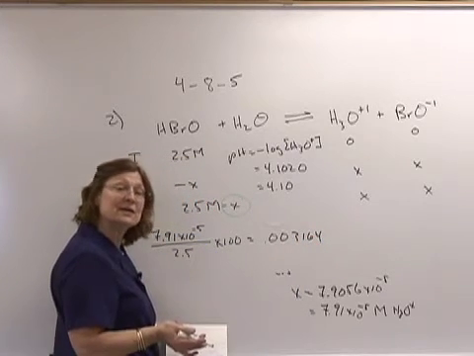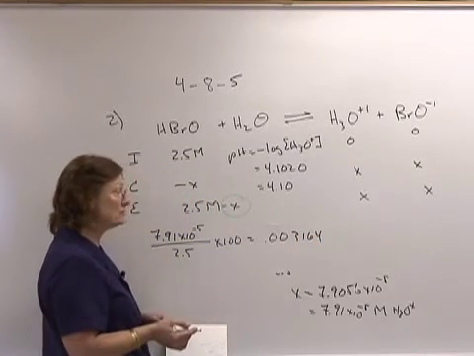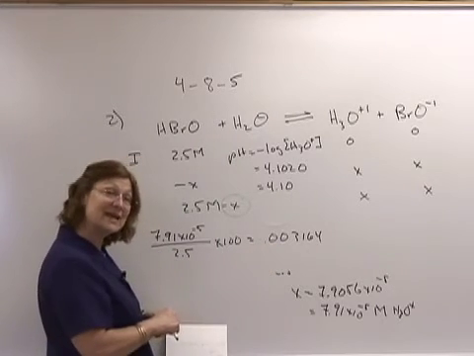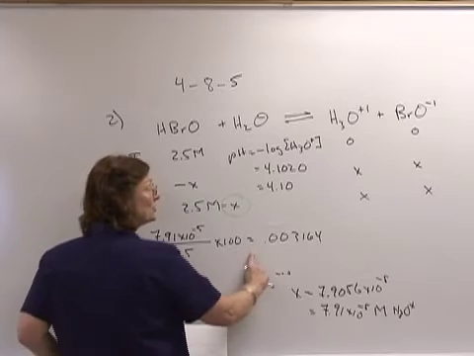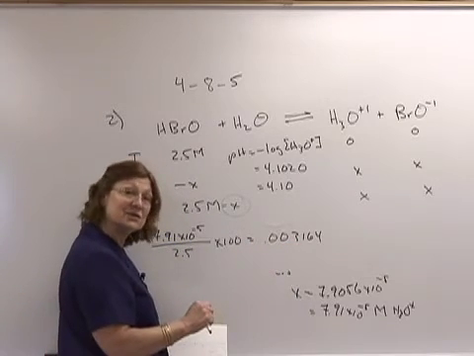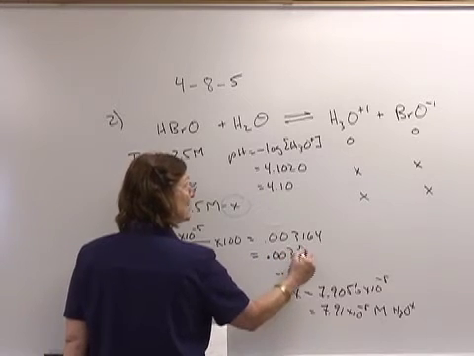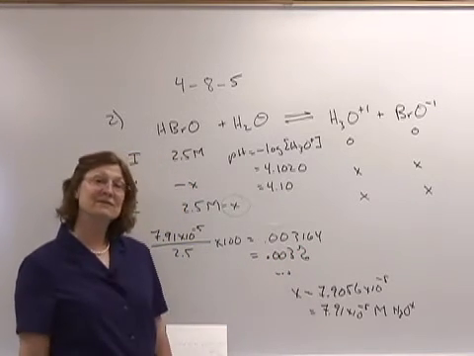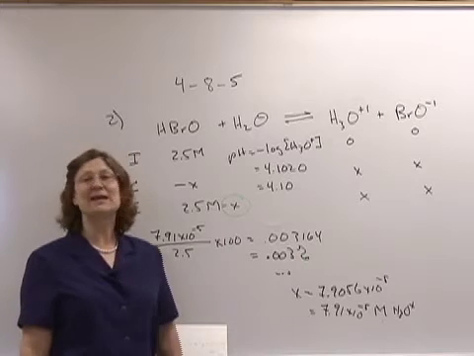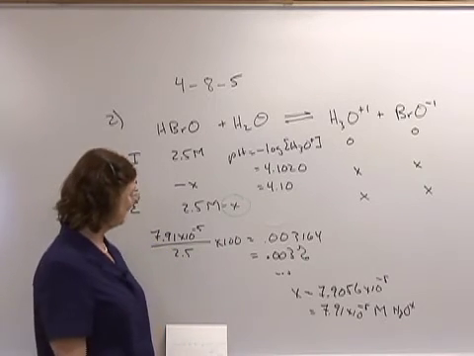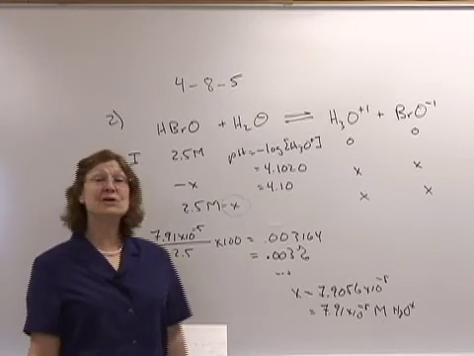Now, we take the percentages to the tenths place. But obviously we can't do that in this case. So I'm going to go to the first significant digit that I find. And therefore I have 0.003% dissociation. And therefore I was fine with eliminating the X, which is what I want to do so I don't have to do the quadratic. And that's how you do number 2.